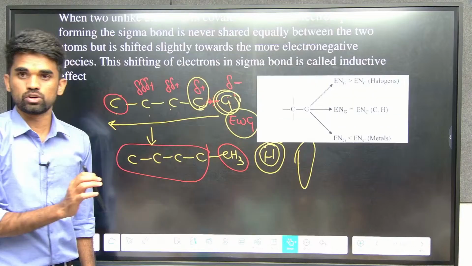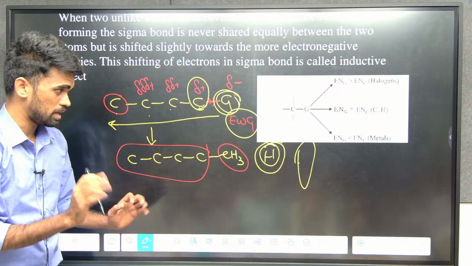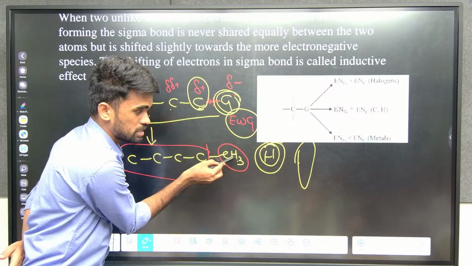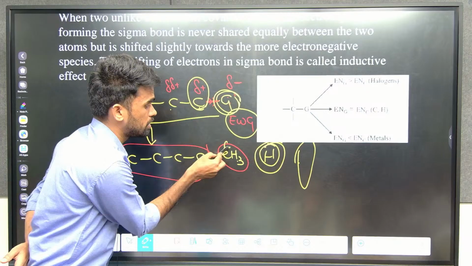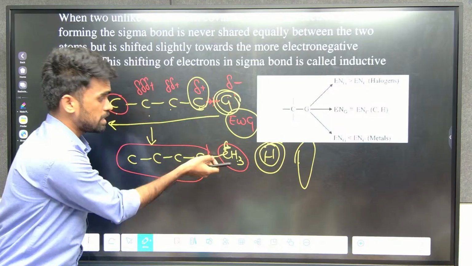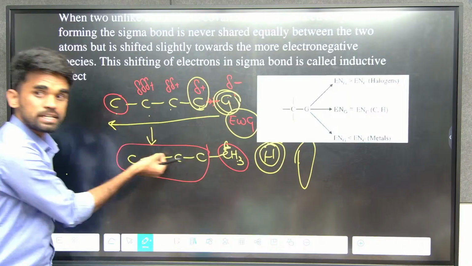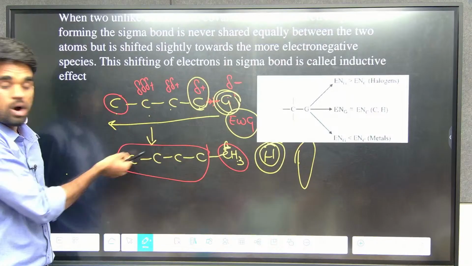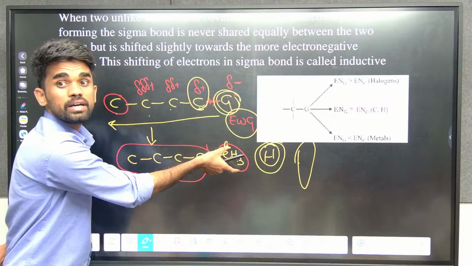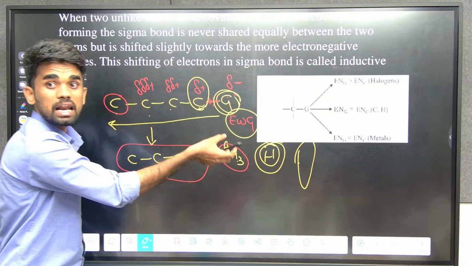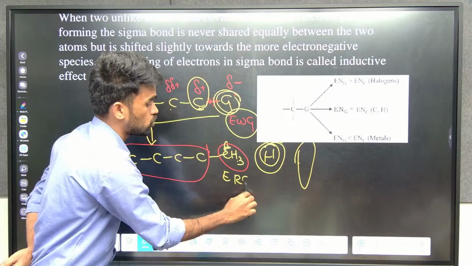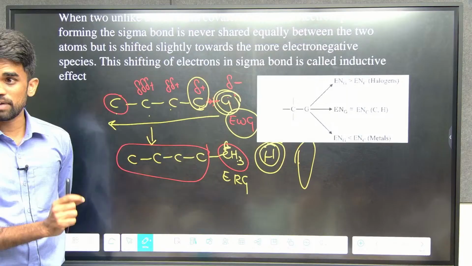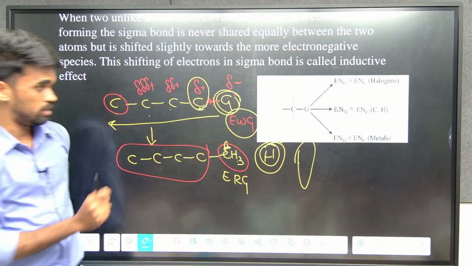Listen properly: who is more electronegative between this carbon and the hydrogens? So this carbon of the G group has a negative charge on it. This negative charge can be donated into the system. So all alkyl groups are considered to be electron releasing groups. Is it clear why I am saying they are electron releasing groups? Yeah, perfect. Next.